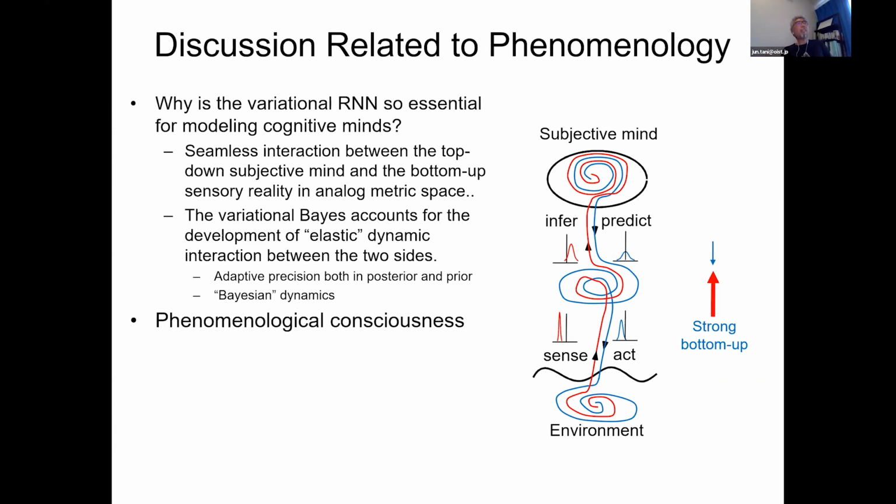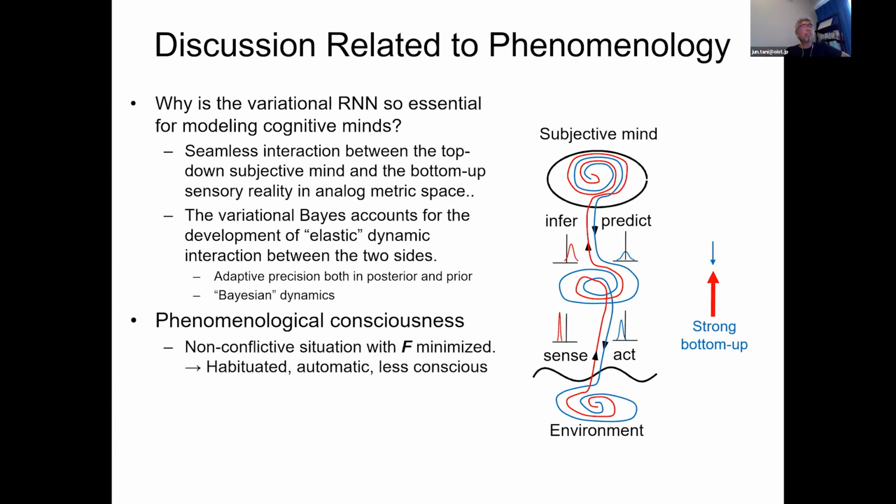So finally, I say that in phenomenological consciousness, in a non-conflictive situation between top-down and bottom-up, free energy is completely minimized. In that situation, behavior is generated in a habituated, familiar way in a familiar environment, no problem. Everything goes automatic, therefore less conscious.